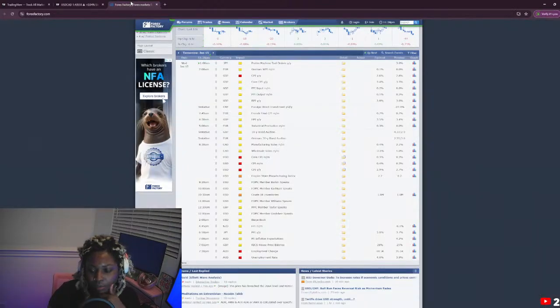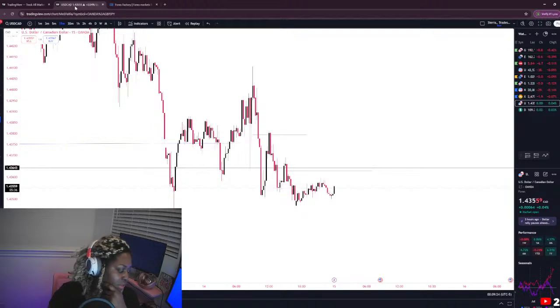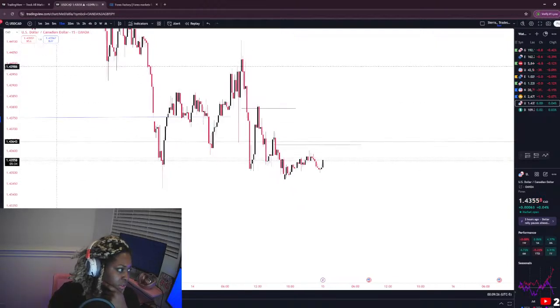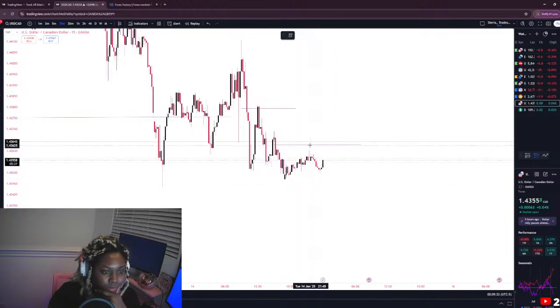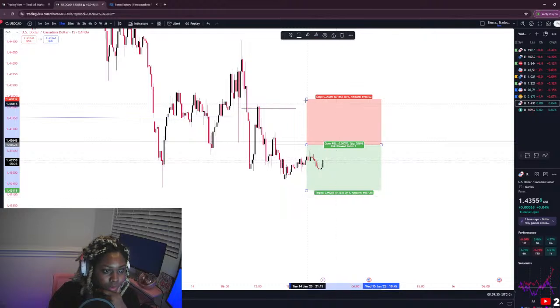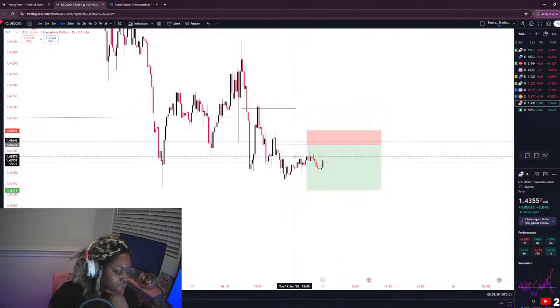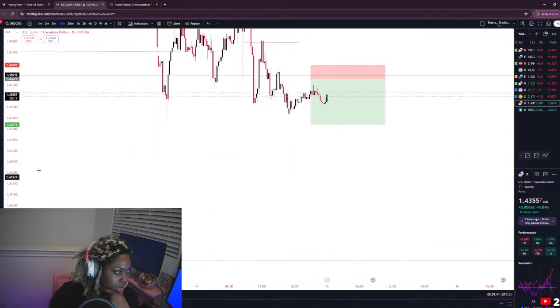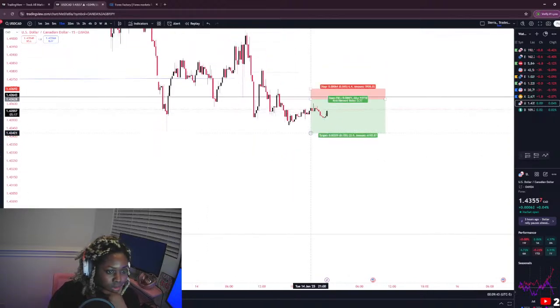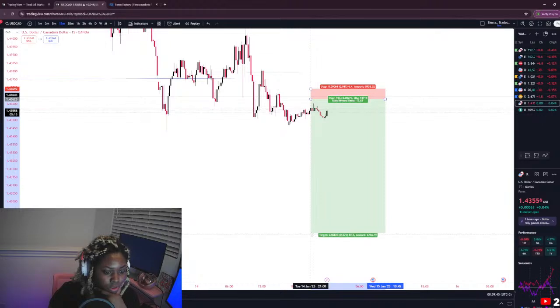The market, what time is it? It's 12 o'clock. Okay. Had a tight stop loss, which was that swing right there, and TP down to the low of the CRT.